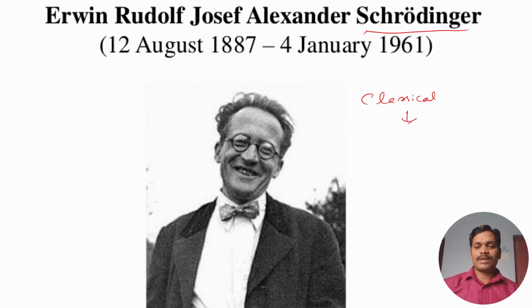So Schrodinger gave a clear idea, and he correlated the classical mechanics concept with the de Broglie concepts. And then he obtained a new equation, which is the Schrodinger wave equation. So that is the interesting fact behind the Schrodinger wave equation, and he is Erwin Rudolf Josef Alexander Schrodinger. He made some important changes in the scientific era.